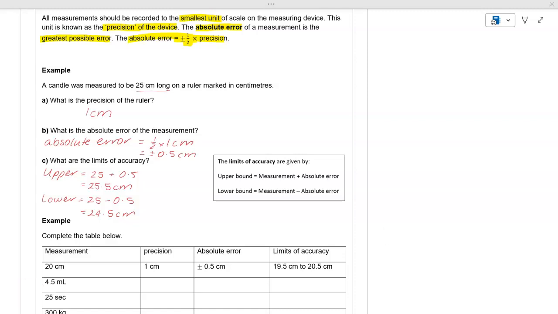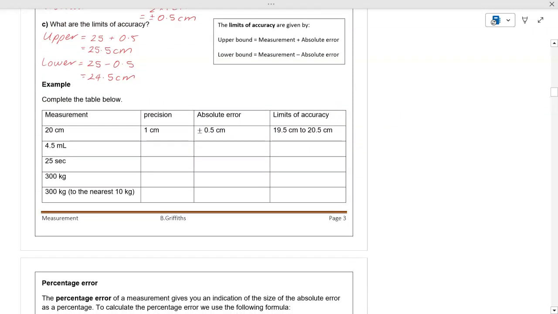Now if we look at completing our table here, we've got a measurement, the precision, the absolute error, and the limits of accuracy. If I have 4.5 millilitres, we can see now we have a decimal, so my precision is going to be one of those units, so 0.1 millilitre. My absolute error is half of that. If you're not sure how to do the halves, type it into the calculator.